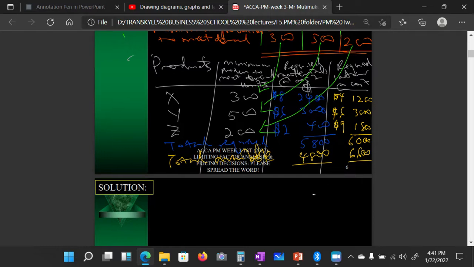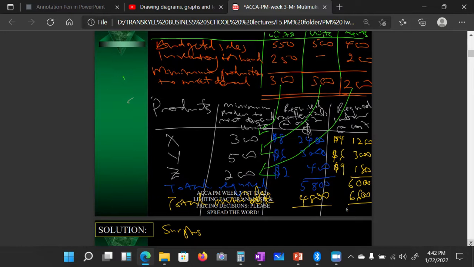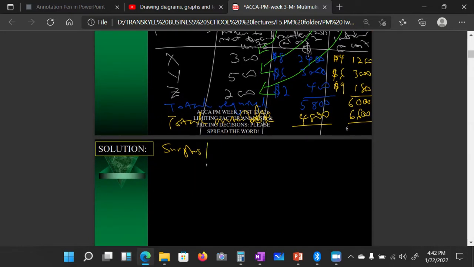We need 5,800 of materials. But we have, according to our budget, 4,800 in our coffers. What does that mean? For materials, are we having a surplus or shortfall?